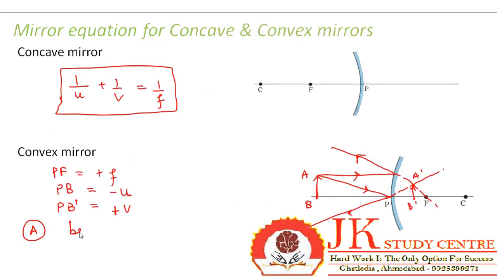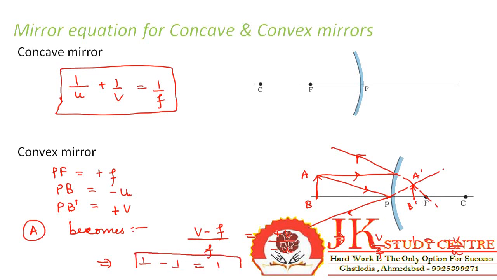Equation A becomes V minus F divided by F is equal to plus V divided by minus U. So when you solve this, you get V by F minus 1 is equal to minus V by U. So dividing throughout by V, you get 1 by V minus 1 by U is equal to 1 by F. So considering the sign convention for a convex mirror, you see that the mirror equation carries a negative sign with U.